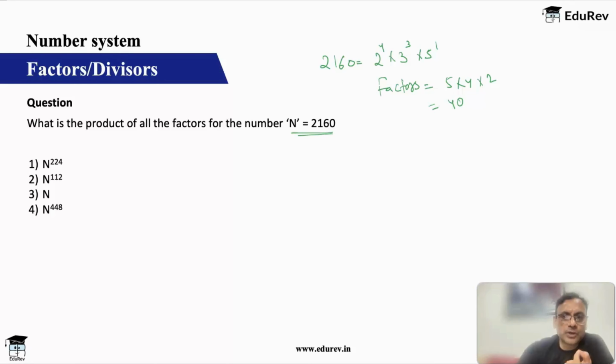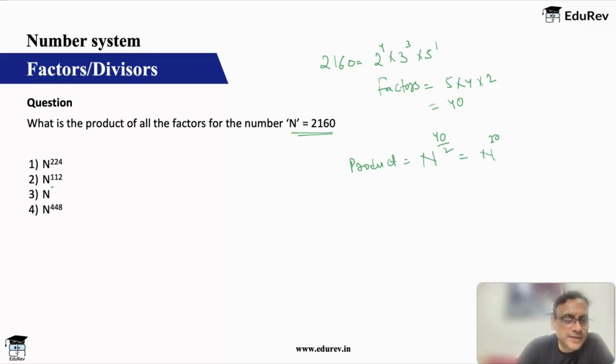So my product of all the factors is n to the power 40 by 2, which is n to the power 20. Hence the answer will be n to the power 20.